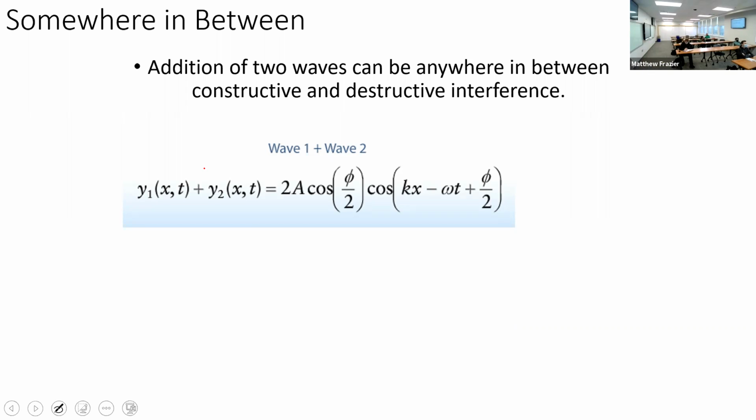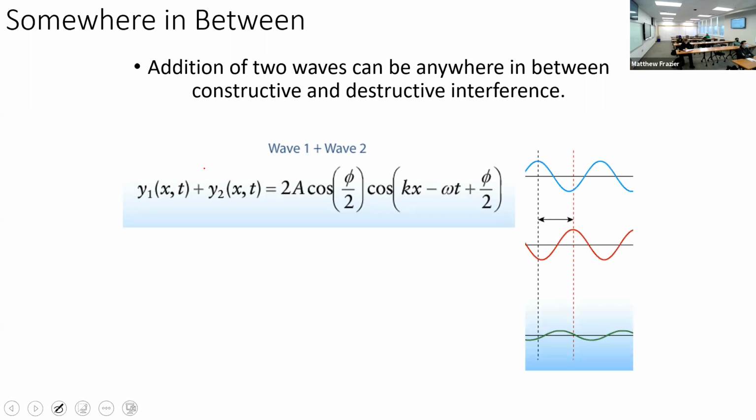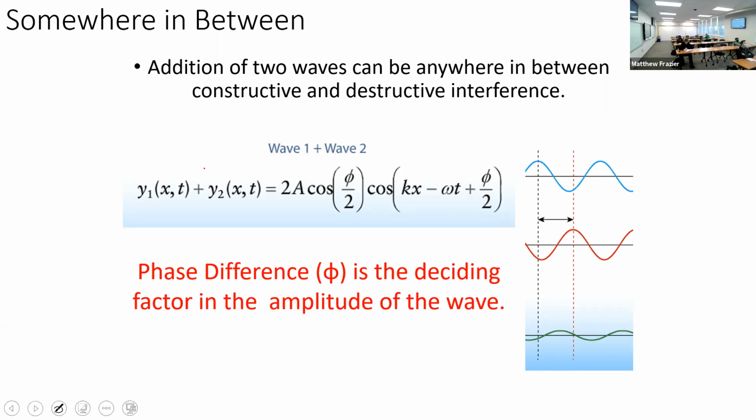You can have intermediate additions where it's not really constructive, not really destructive, until you get this ugly wave equation form where you're adding them. But it looks something like the picture on the right. Sometimes you're adding crests and troughs, but you're not quite in the right spot, so you get something left over.